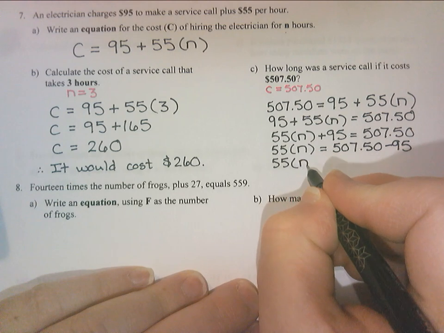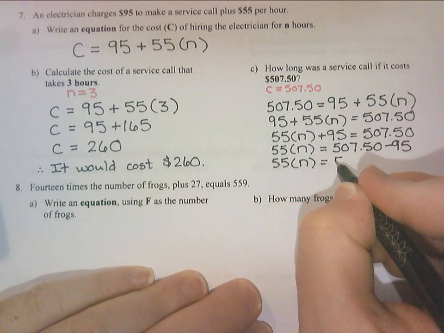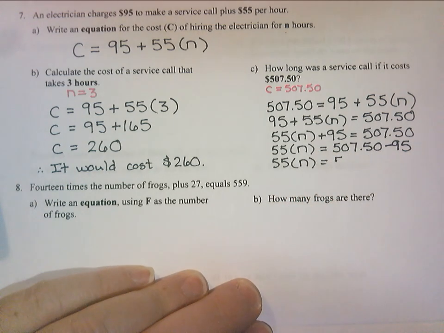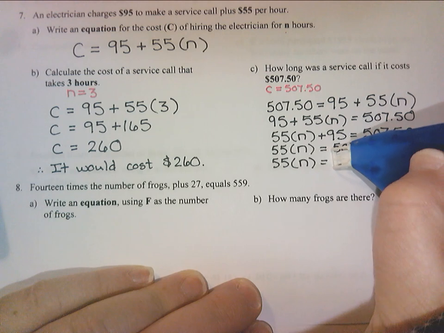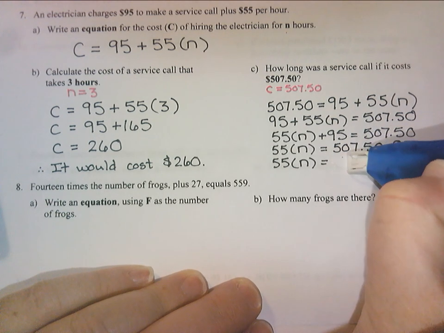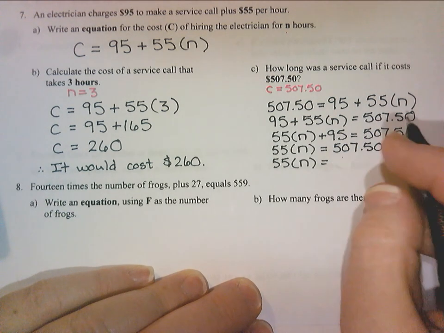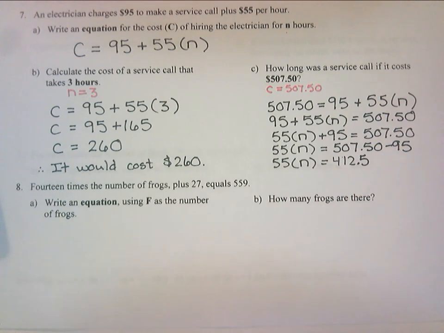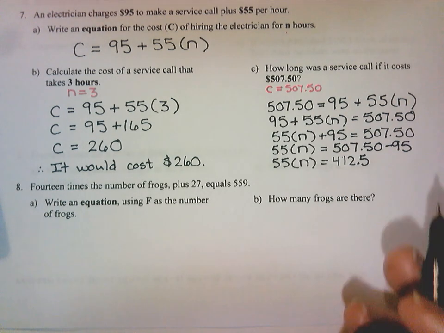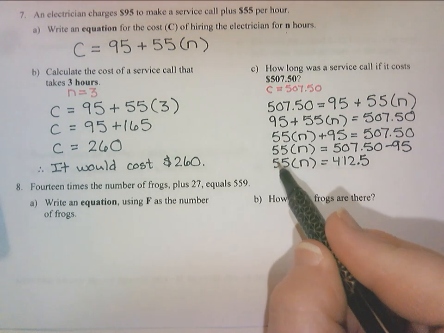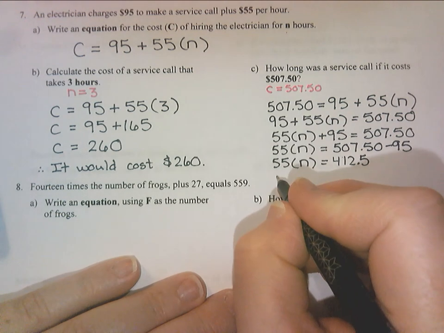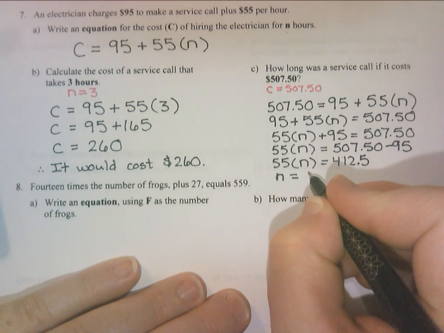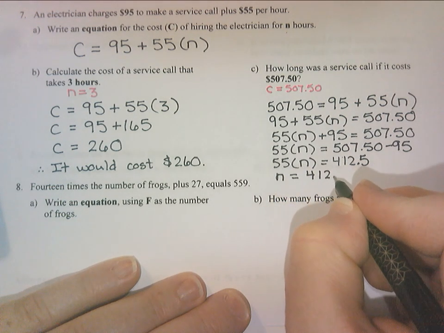So 55 times n equals 412.5. And then to eliminate a multiply by 55, we are going to do the opposite and divide by 55.